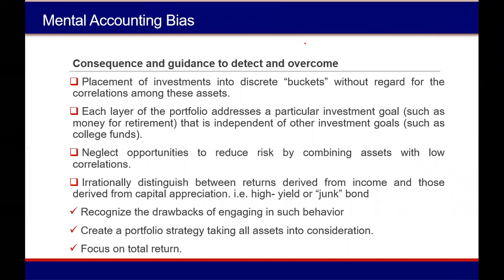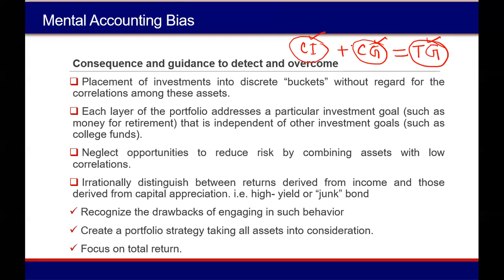You are probably familiar with current income and capital gain. Both sum to total gain. Which one should you focus on? You should focus on total gain. So people who exhibit mental accounting sometimes look at only the current income, ignoring the capital gain.